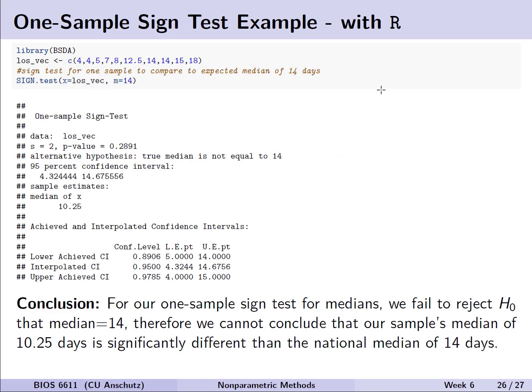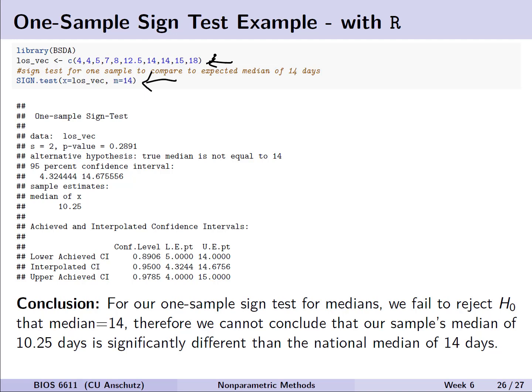And here we see this implemented with the BSDA package's sign.test function. Again, we will read in our vector of values for length of stay, and then, using sign.test, say x equals our vector, and m equals the null value we wish to compare to, 14.